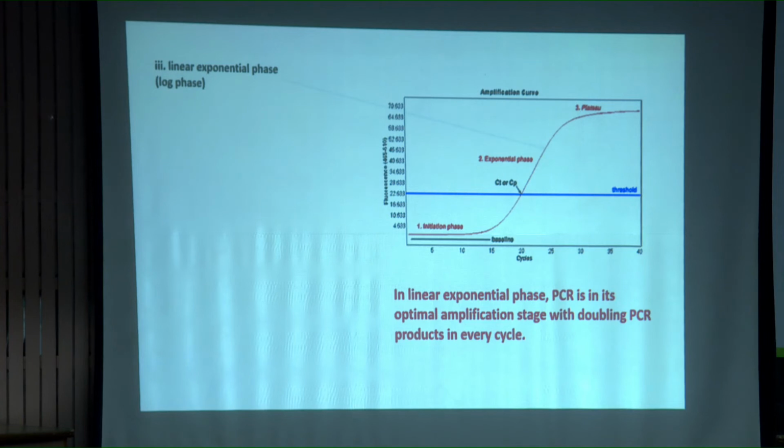This is what is called linear exponential phase. Most of the time it is either 90 degrees or slightly less than 90 degrees, right? In linear exponential phase, PCR is in its optimal amplification stage with doubling of PCR product every passing cycle. That too, a substantial quantum of double stranded DNA or amplicon is getting doubled every passing cycle, right?